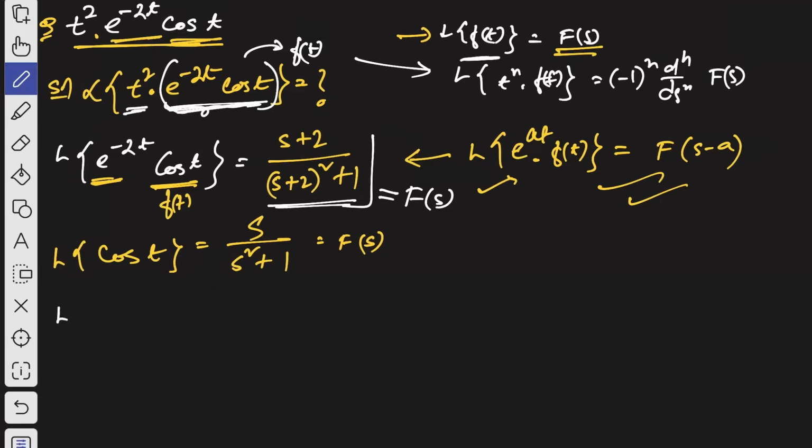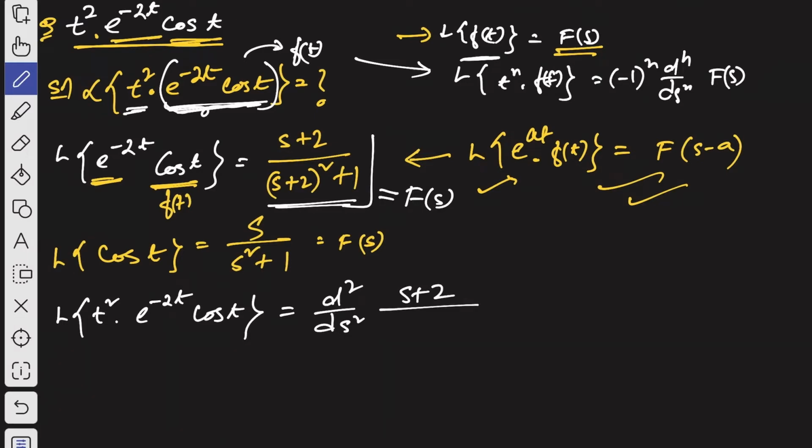So in that case, Laplace transformation of t square dot e to the power minus 2t cos t is minus 1 to the power 2, that's simply plus 1, so ignore it. So second order derivative of F of s, which we have got, s plus 2 by s plus 2 whole square plus 1, that's what we have got.